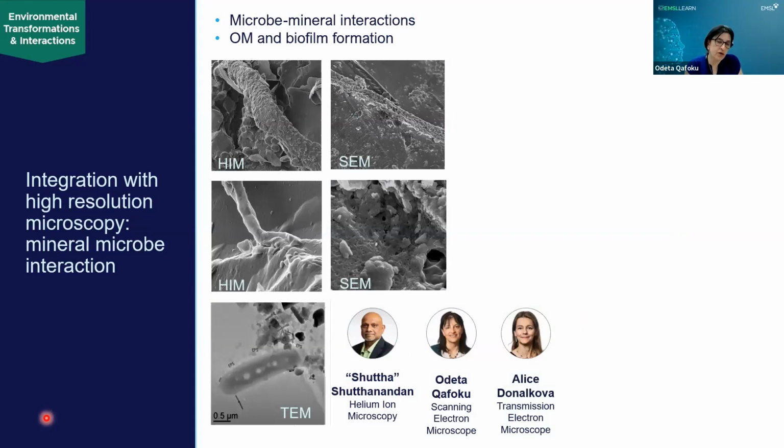So when I talk about organic carbon stabilization and destabilization, I also want to highlight a number of high resolution electron microscopy techniques that we have that can give much more detail about what is happening at the mineral-microbe interface and how we can identify the formation of some biofilm, for example, as shown in these two images here, which actually serve as a source for accumulation of other minerals and for early stages of aggregation.